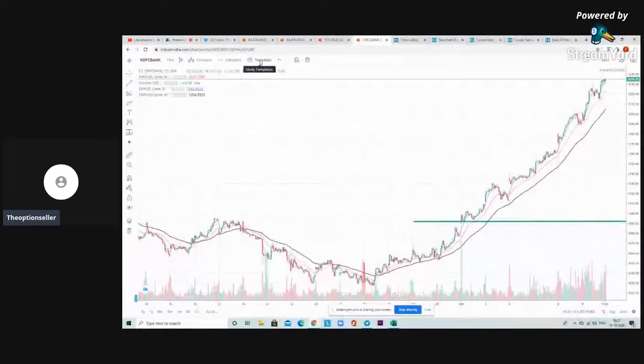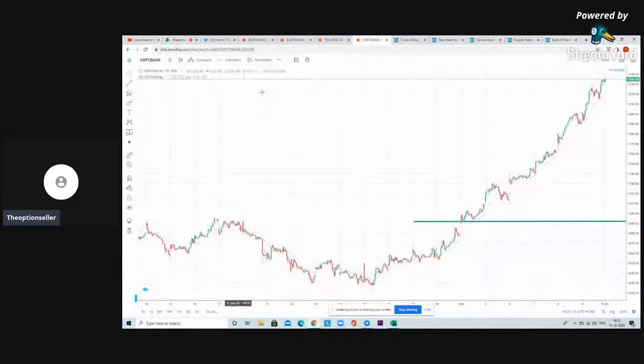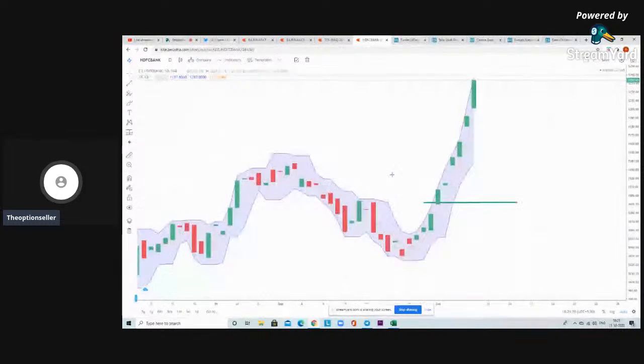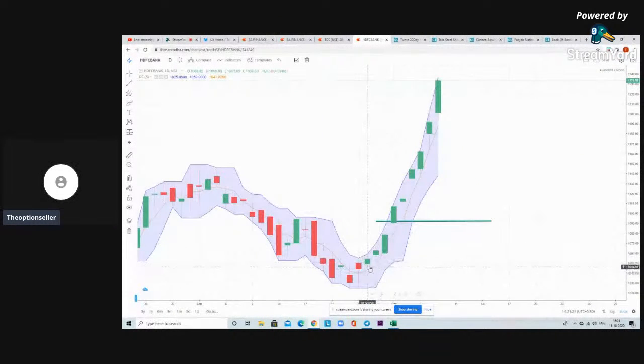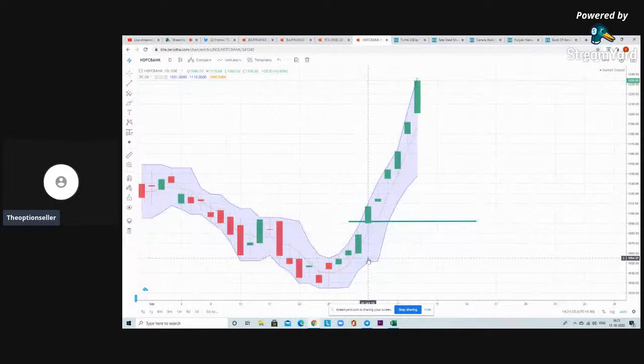Okay. But let's just go back and show you one more thing. So this buy, the trend changed to buy only after 28 September close. But what was happening before this? See, on 18 September, the 3-day low was broken by HDFC Bank. Right?